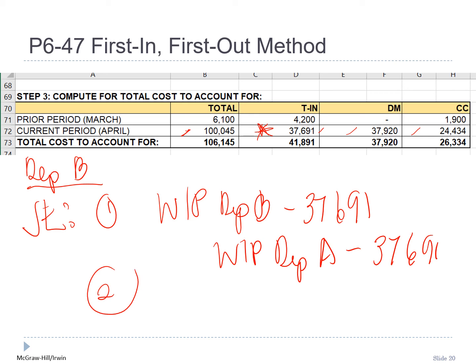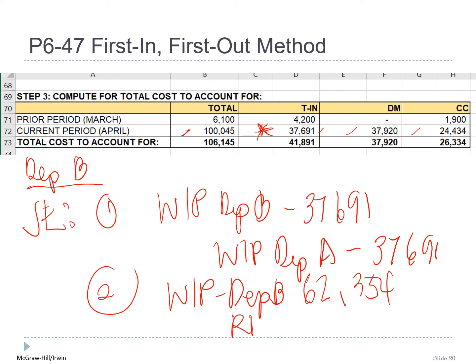Number 2, siyempre, meron tayong additional cost na 37,920 tsaka 24,434. So, debit tayo ng WIP, Department B. Add ko na lang itong dalawa. 37,920 plus 24,434. So, 62,354. So, credit ako ng raw materials inventory. Itong 37,920.